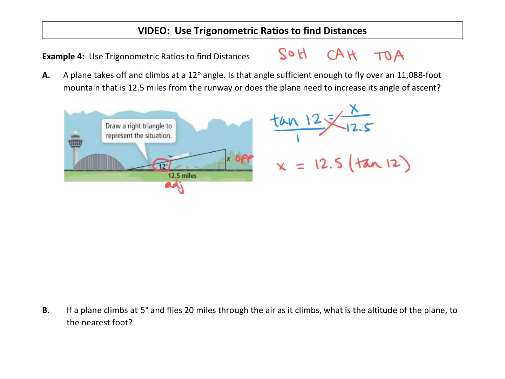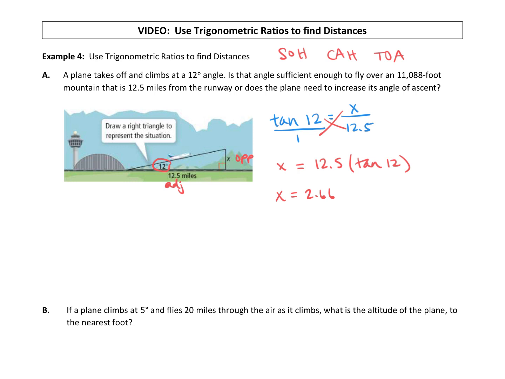So you might say, well, I don't know what the tangent of 12 is, but your calculator does. You have a tangent button that you can type in tangent of 12 degrees and basically get the decimal value for what that ratio would have given you, the opposite over the adjacent. So what we do is we type 12.5 times tangent, type in a 12, you hit enter, and we find that x is equal to about 2.66.